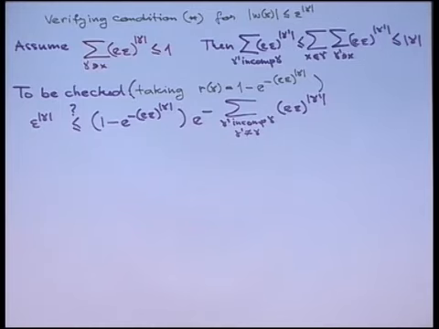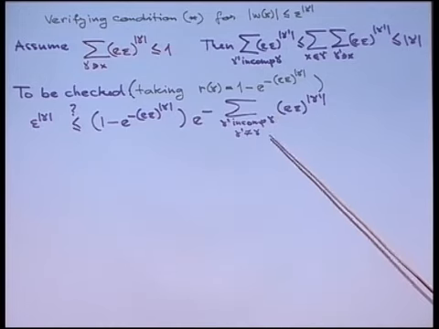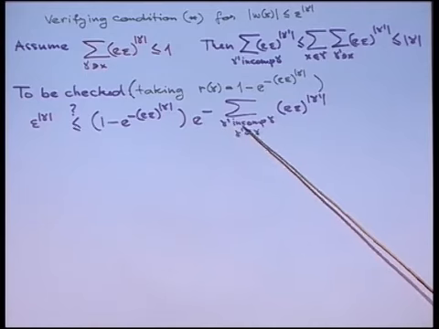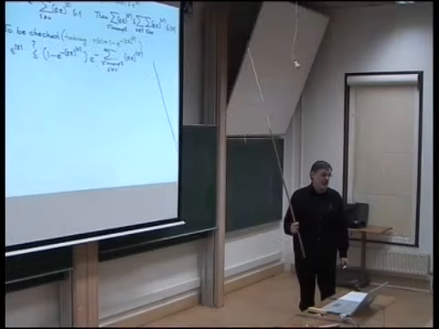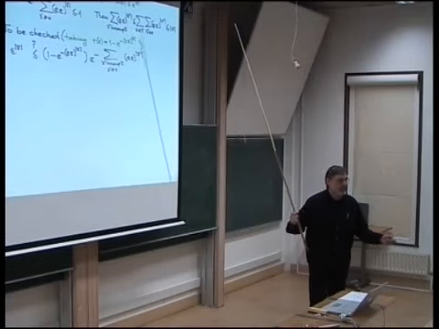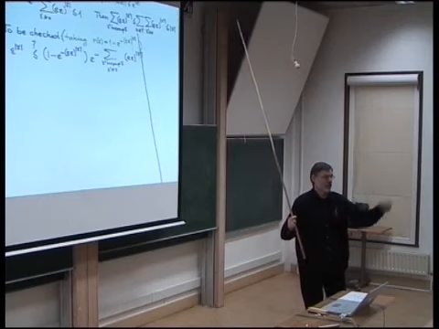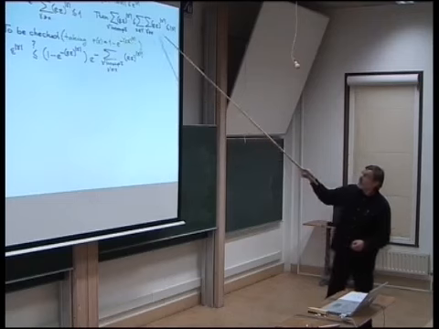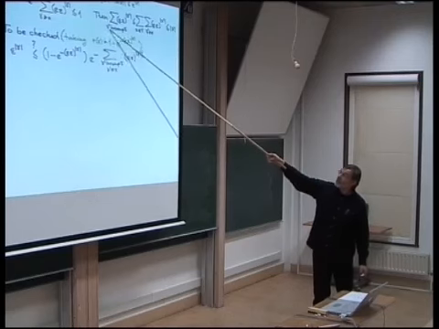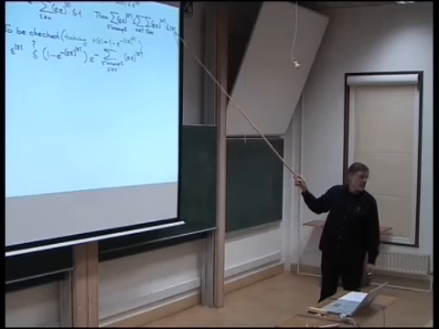1 minus R gamma is just this exponential, and the product is a sum. Okay? So I have this sum here, and notice I have a sum over gamma prime incompatible with gamma that differ from gamma. Okay, because this is in my graph, I took it like that. I didn't consider self-loops. Okay, but here in this bound, I can have everything, including gamma prime can be gamma, and still it will be true.